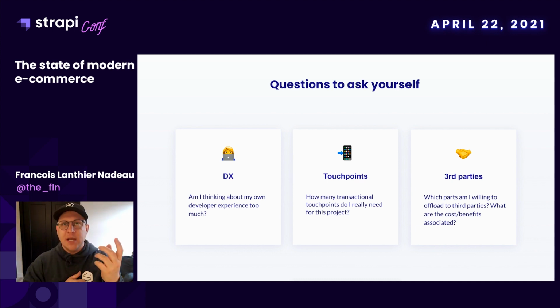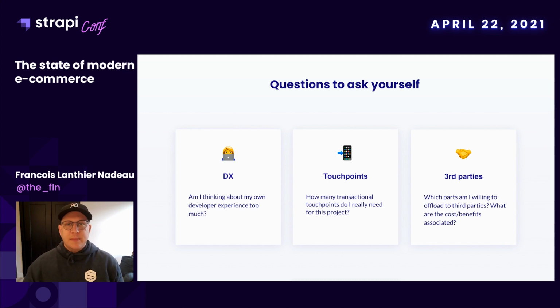But ask that question. And the reverse is also true. Do I really need to sell on all of these funky channels? If the answer is no, maybe don't go so hard on the headless part of the pitch.